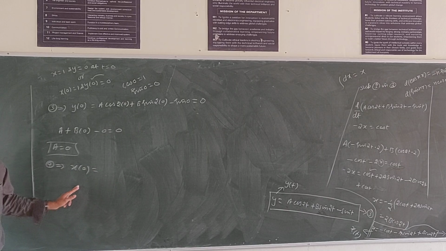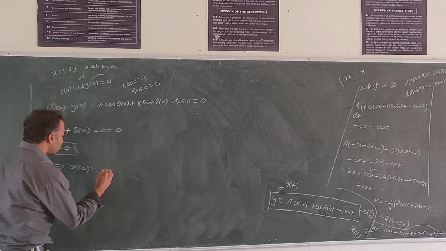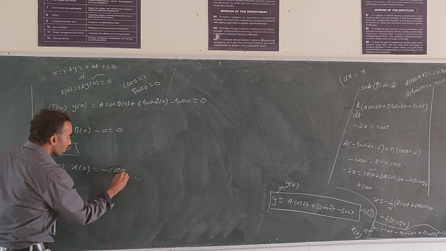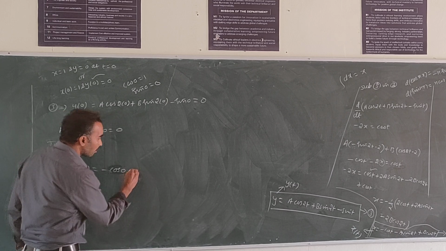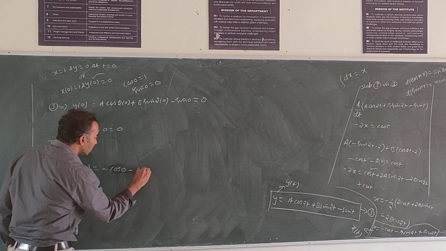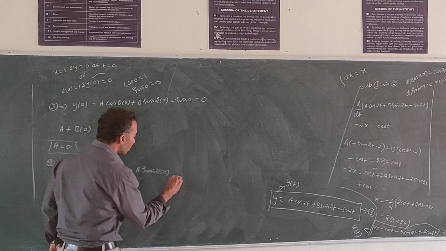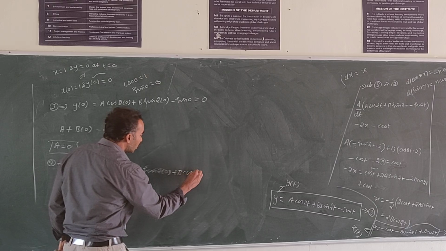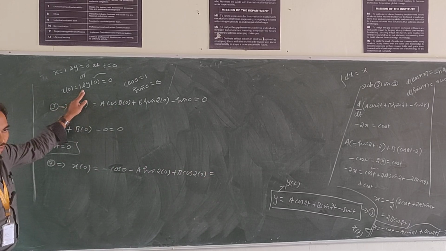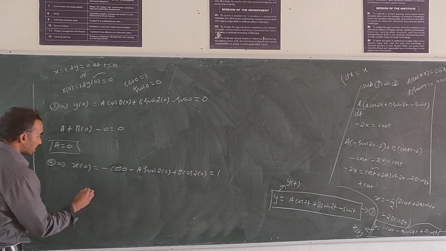Instead of t we substitute 0: minus cos 0 minus a sin 2 into 0 plus b cos 2 into 0, and we equate that to 1.